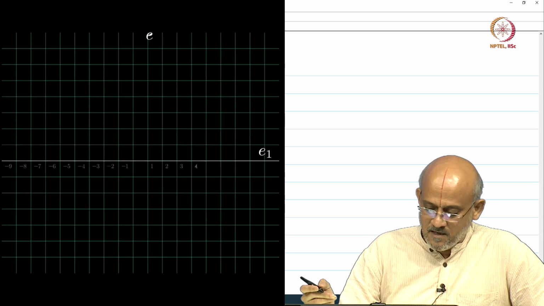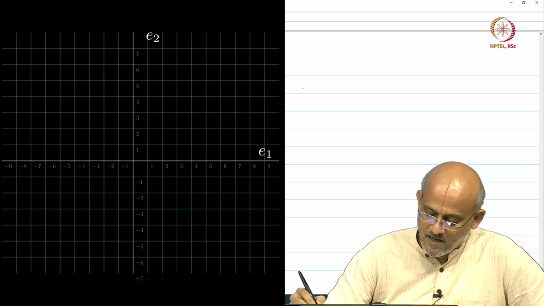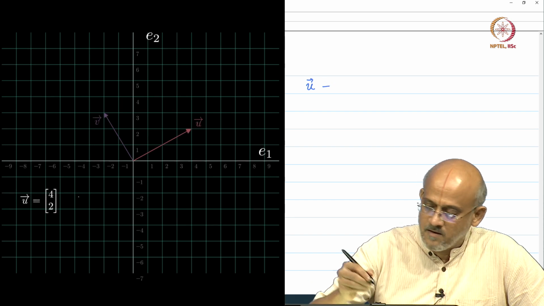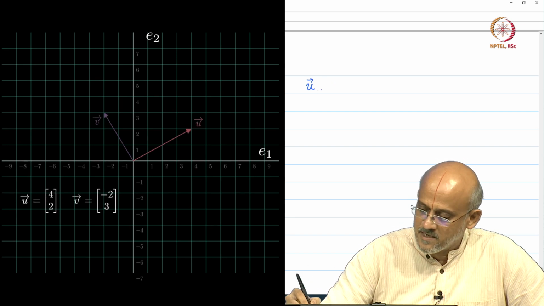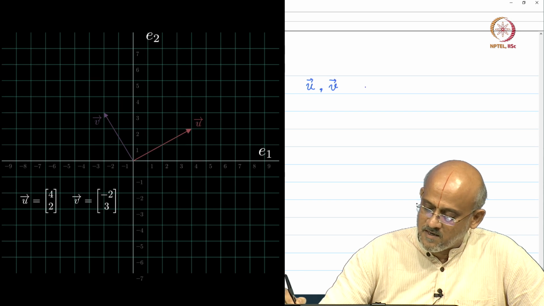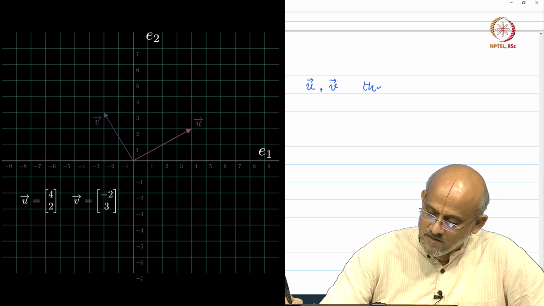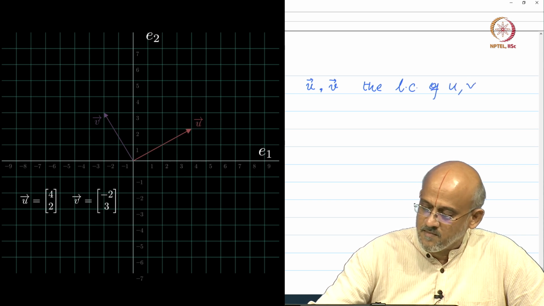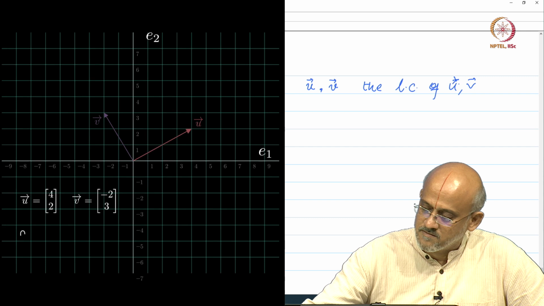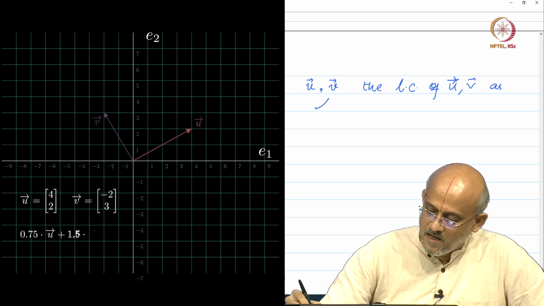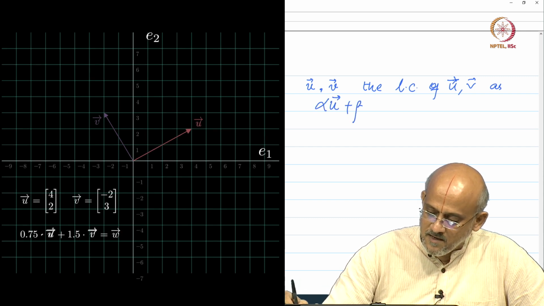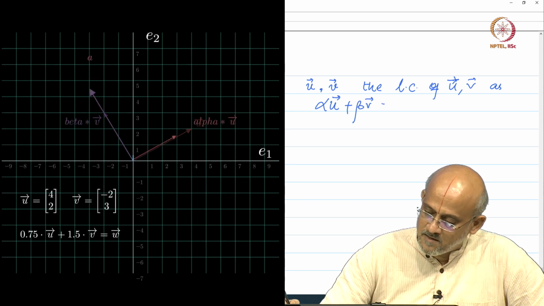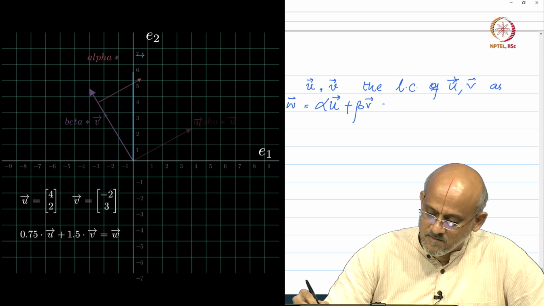That means if you have a vector u and another vector v, then you can write the linear combination of u and v as alpha u plus beta v, which is another vector, let us say w.